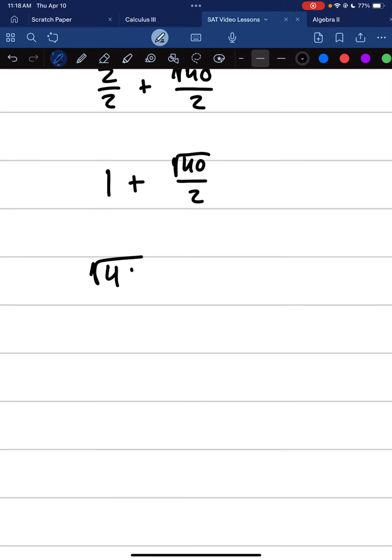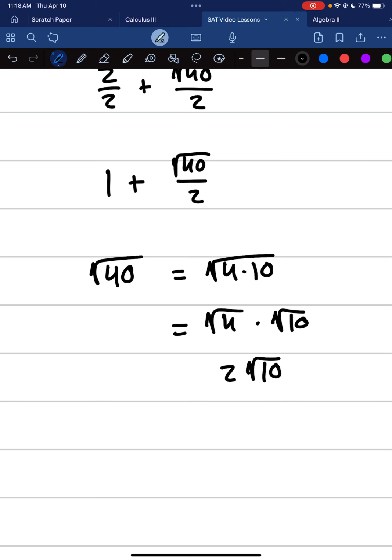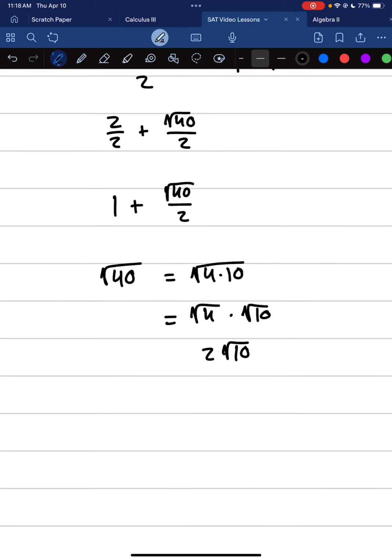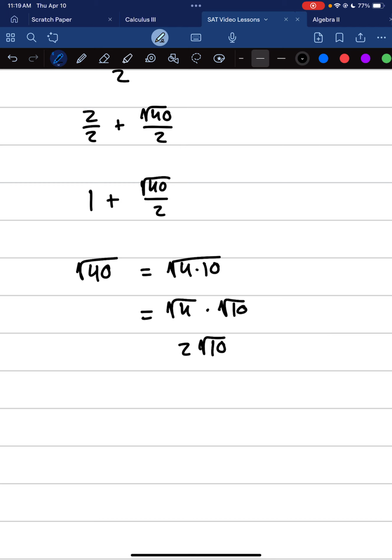We know that 40 is equal to 4 times 10, right? So if I break this up into two numbers where one of them is a perfect square, I get 4 times 10, and I can break that up into root 4 times root 10, which is 2 times root 10. So in other words, root 40 is equivalent to 2 times root 10.